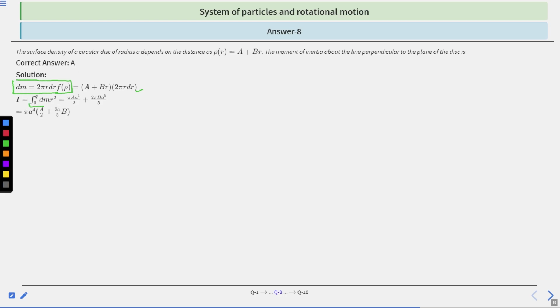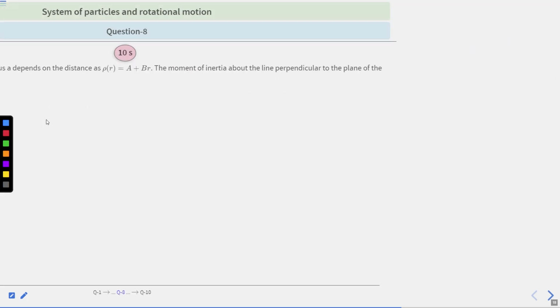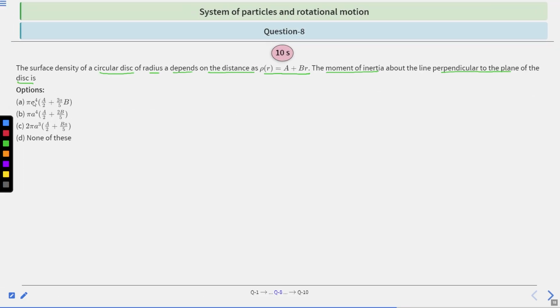Solving this integration, you will get this. So the answer is pi a to the power 4 times a by 2 plus 2b a divided by 5. So the correct answer is A. A is the correct answer.